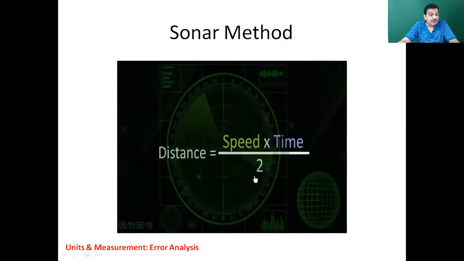We are dividing by 2 because it is about the distance going and coming back, since the distance covered is double. पहले जा रहा है फिर आ रहा है, बस हमें तो दूरी नापनी है, तो हमें एक तरफ का डिस्टेंस चाहिए, तो इसलिए हम इसको divided by 2 कर रहे हैं.